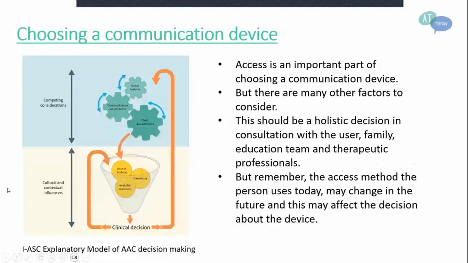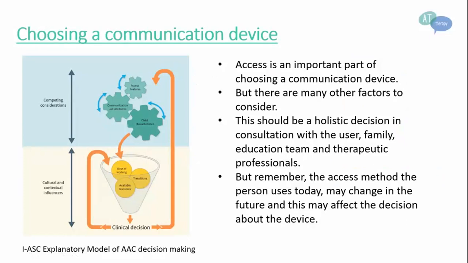Okay, so we've thought about access now, and just the last information slide before we wrap things up. I just wanted to think about this in the bigger picture, really. I hope I've persuaded you that access is really important to consider when thinking about a communication device. But I also wanted to say that it's not the only thing to consider.